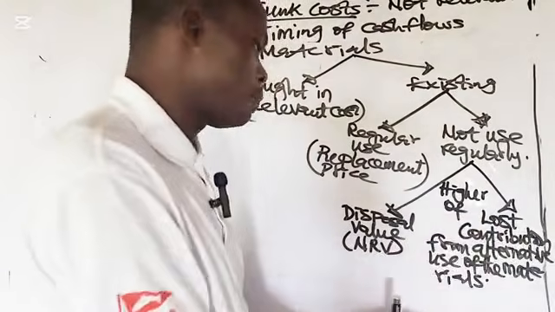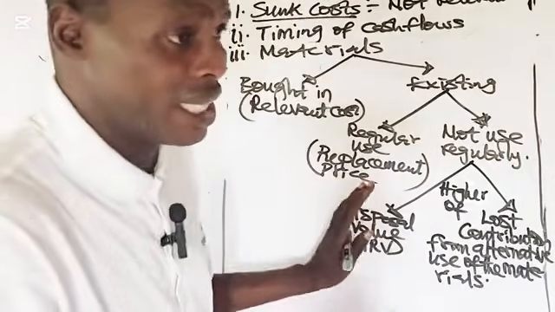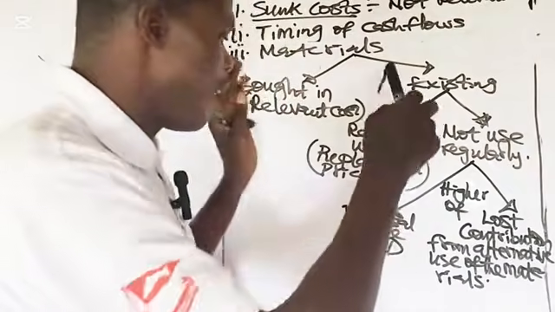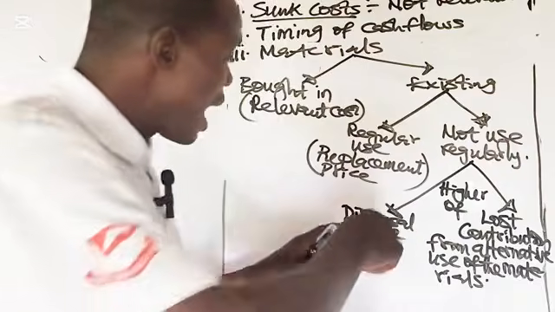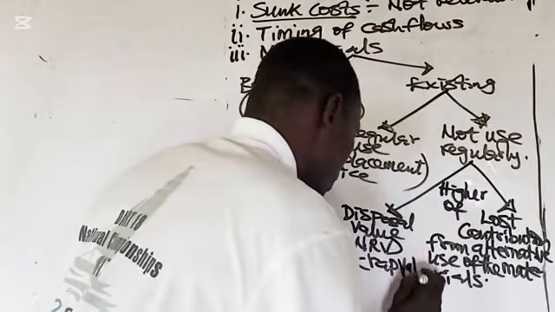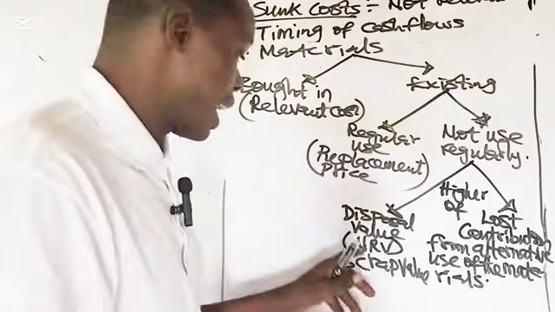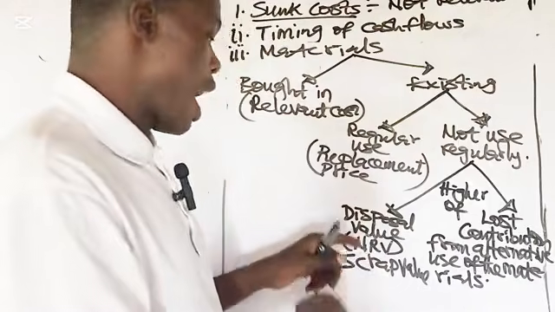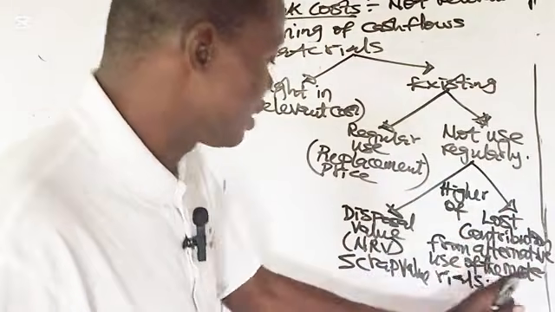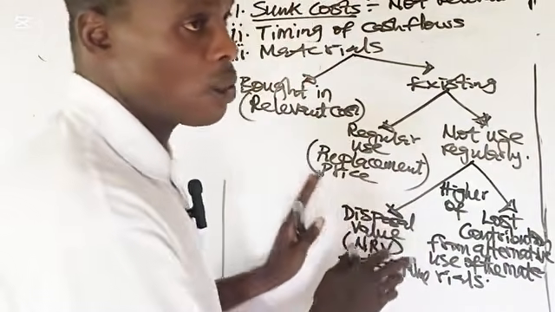The higher of the disposal value, the net realizable value, the scrap value, or lost contribution from alternative use of the materials. Whichever one is higher is the relevant cost.